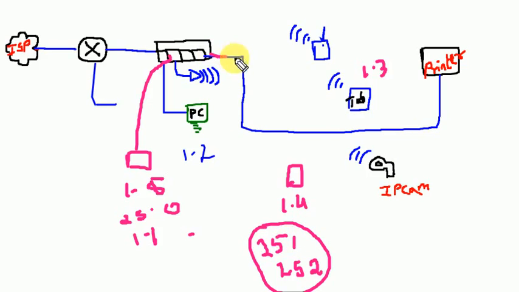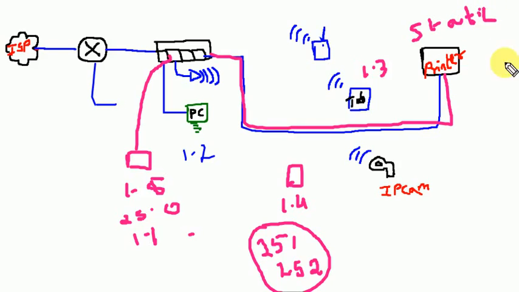For example, for printers we have to give a fixed, static IP address, because if a printer's IP address keeps changing, it is very hard to print and to identify which IP address the printer is working on.